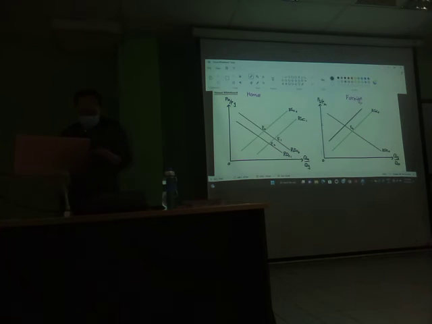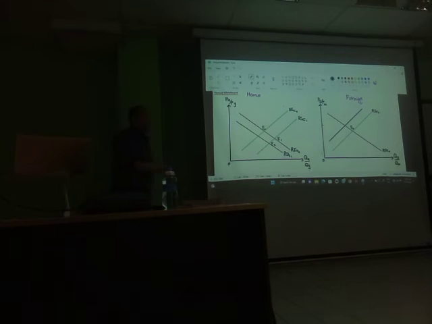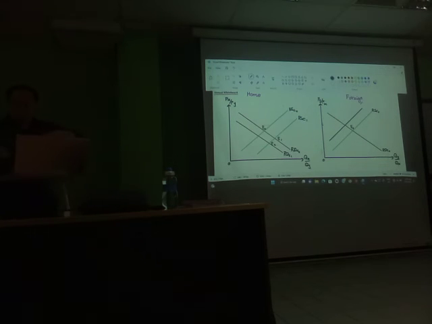The relative demand for Y compared to X increases. Is that right? The tariff in foreign makes X more expensive, and people will demand more Y in place of good X that is more expensive. So the relative demand for Y to X increases. That will shift the relative demand curve to the right side.